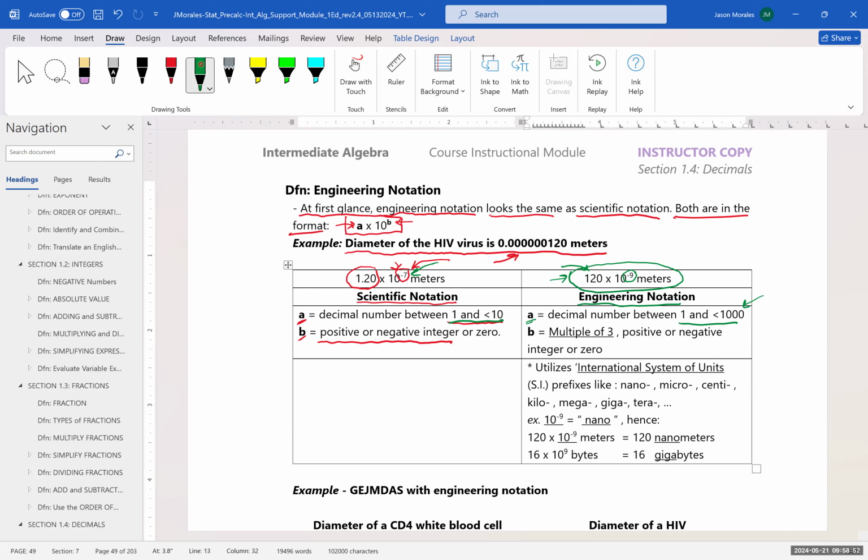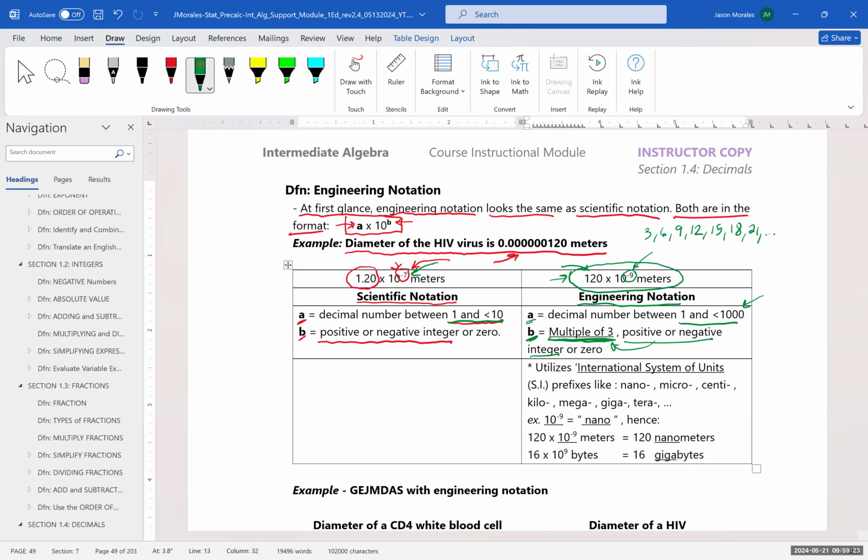The reason this happened is because we want b, the exponent, to be a multiple of 3. A multiple of 3 would be like 3, 6, 9, 12, 15, 18, 21, and so on. So we want this value of b to not only be a positive or negative integer, but also be some multiple of 3.